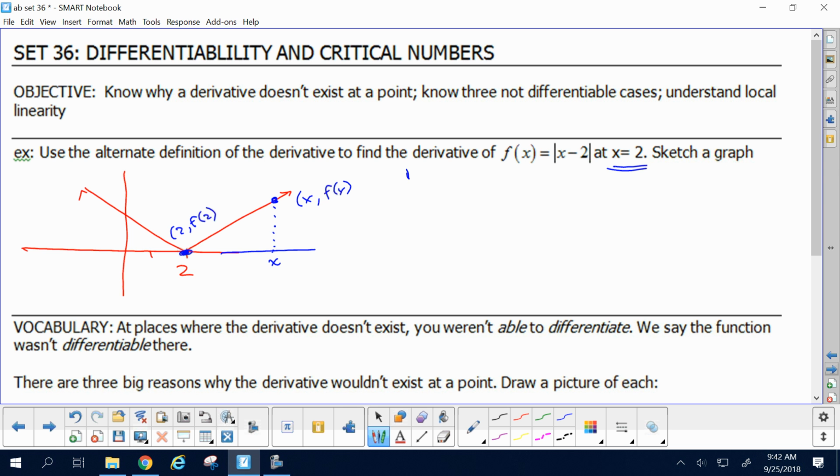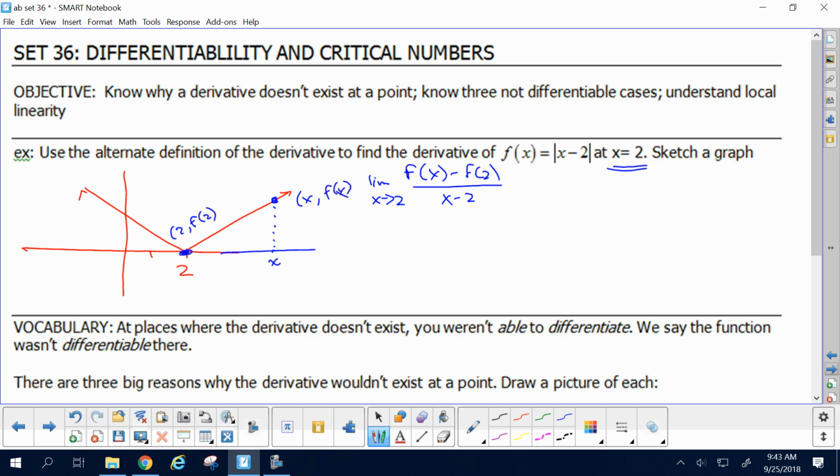Change of y is f of x, sorry, f of x minus f of 2 over change in x is, that's the slope right now when the points are separated. How do I get the points close together? Take the limit as what happens? x goes to 2, right?